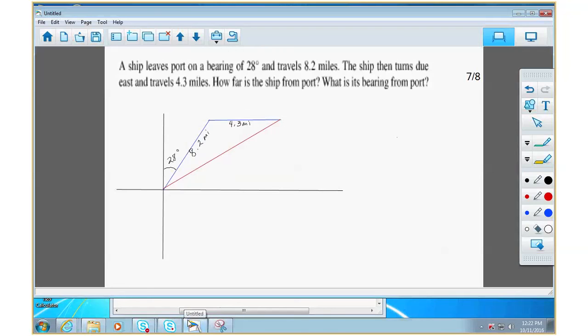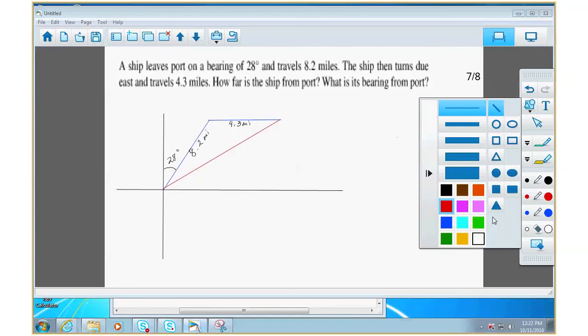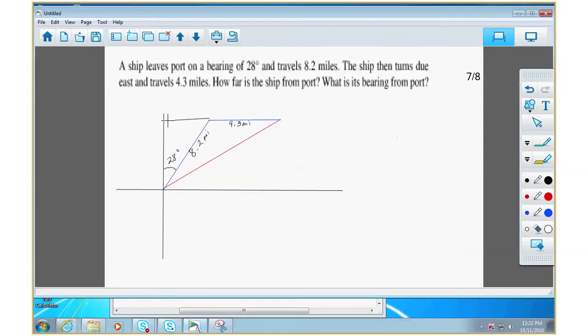Well, if I take the handy dandy black line maker, we know that this line is what? 90 degrees, based on this being east and this being north. So what's 90 minus 28?